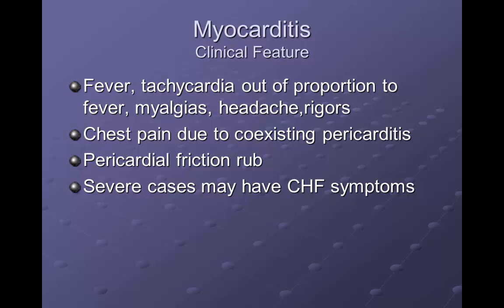In addition, patients could complain of palpitations, syncope. Maybe the only presentation could be a sudden cardiac death due to underlying ventricular arrhythmias. Or patients could come with signs and symptoms of heart failure in severe cases.